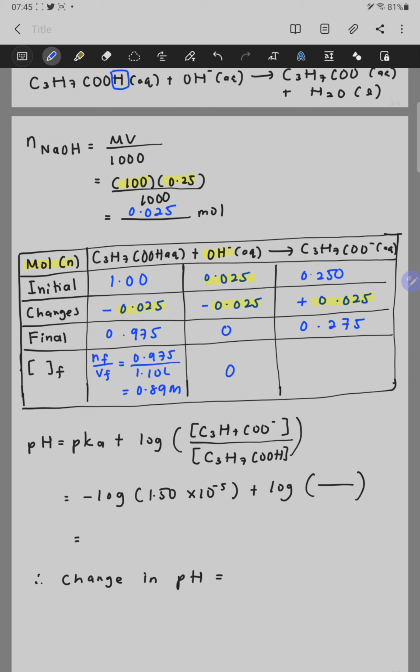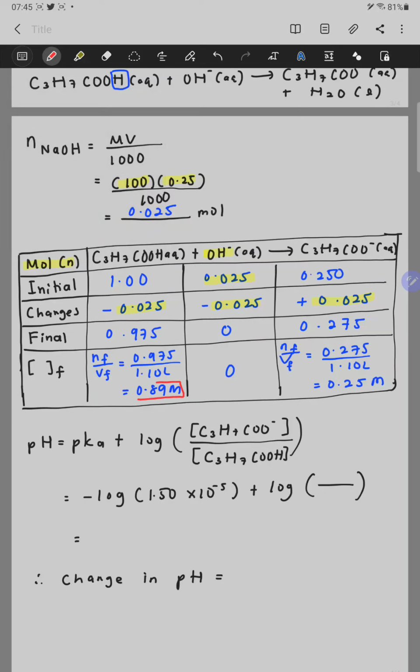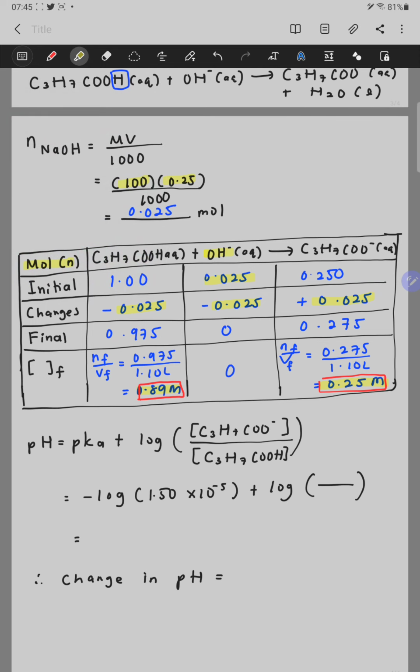So ini, okay, sama juga N final over V final. So 0.275 mole of conjugate base divide with V final 1.10 liter. So you guys akan dapat 0.25 molar. Okay, so this is the final concentration after addition of strong base.